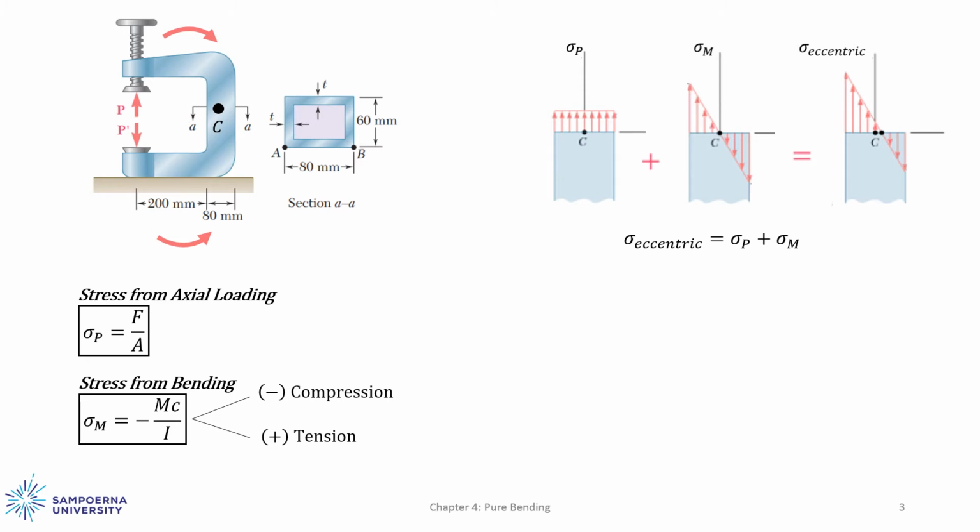If the stress is negative, it is in compression, while if it is positive, it is in tension. We need the moment of inertia for bending, and the formula for moment of inertia is 1 over 12 times B times H cubed.